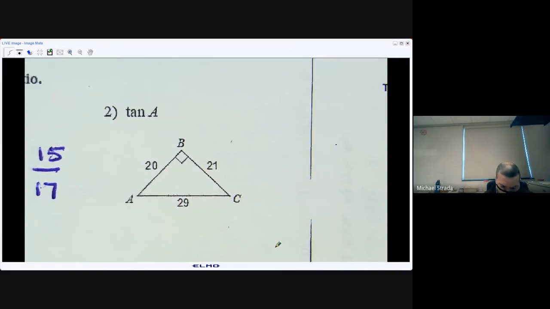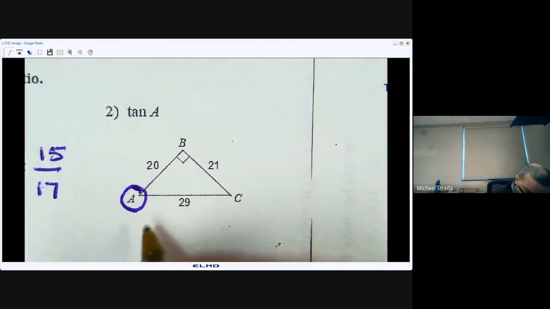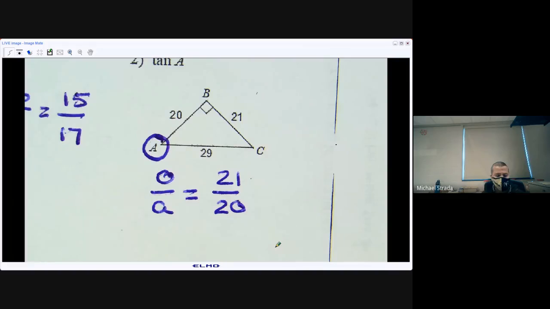The tangent of A. Tangent is opposite over adjacent. Opposite A is 21. Adjacent is 20. So the tangent would be 21 over 20.